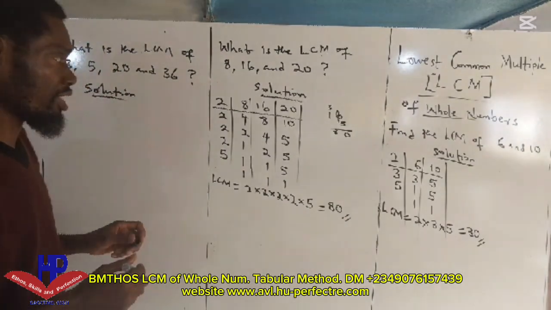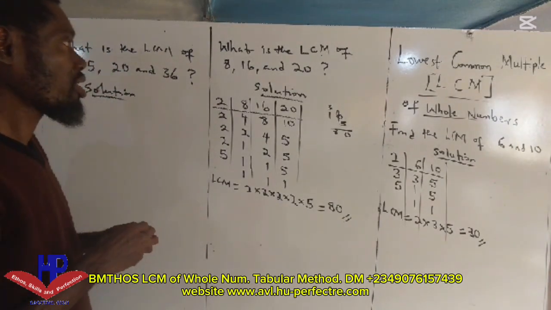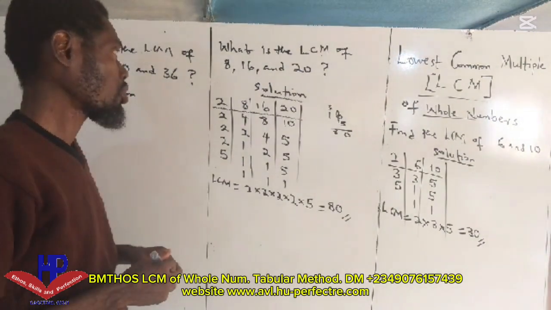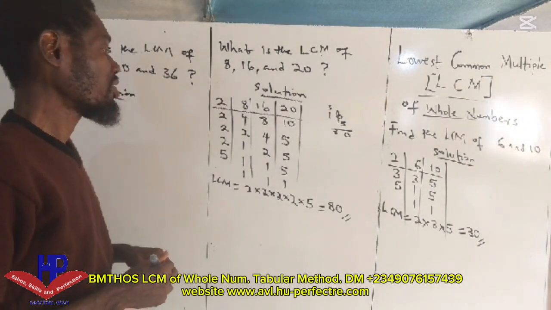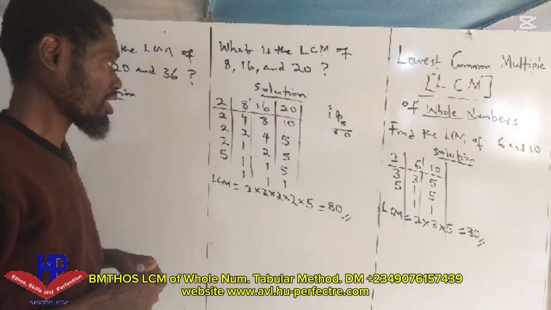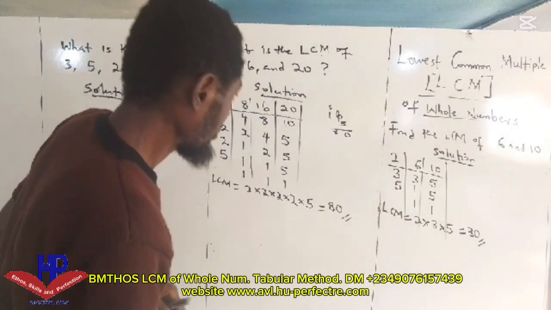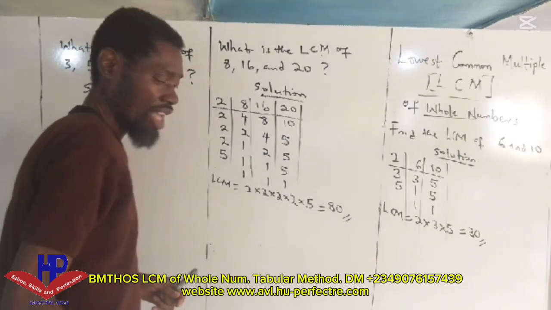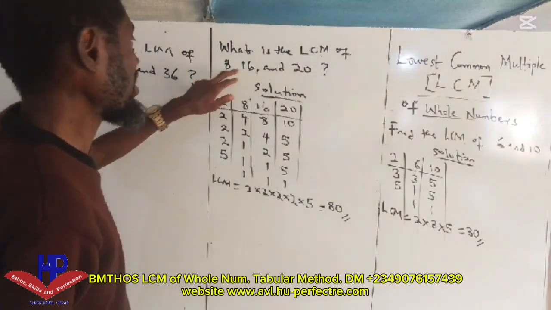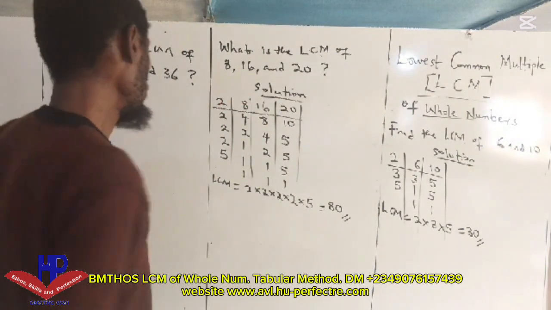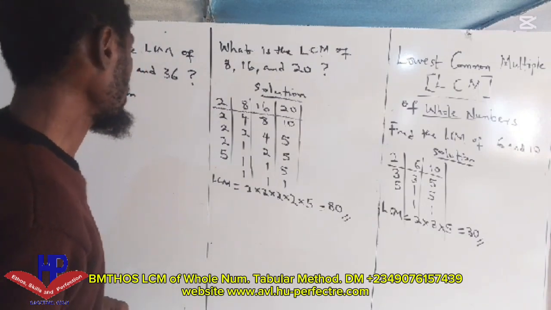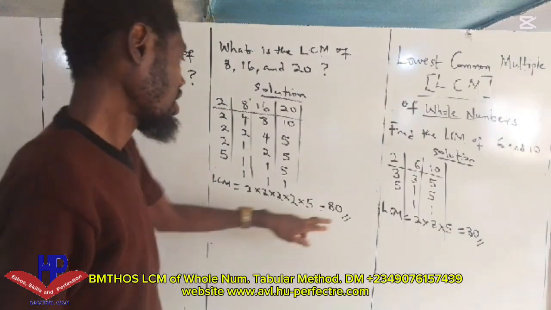The lowest common multiple of 8, 16 and 20 is 80. So if you have the idea of multiplying 8, 16 and 20, you'll be wrong. Your LCM of 8, 16 and 20 is 80.